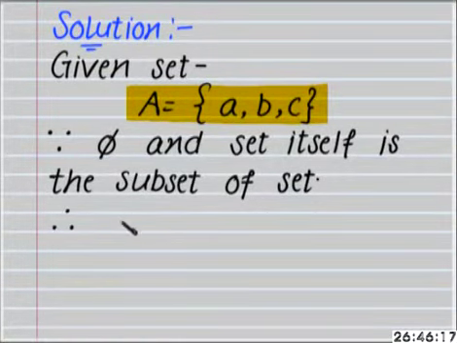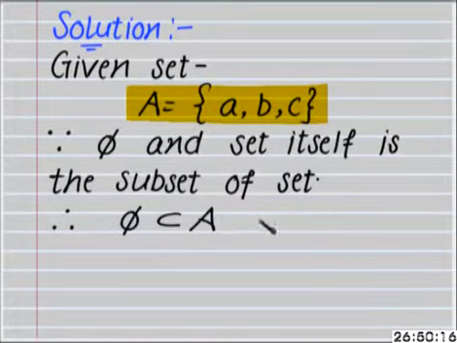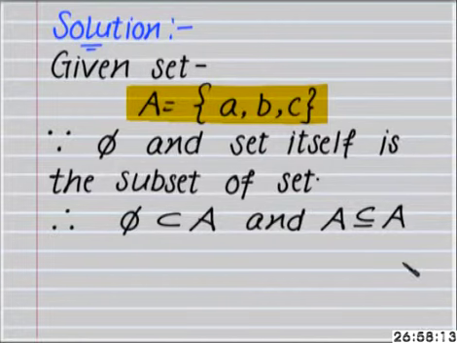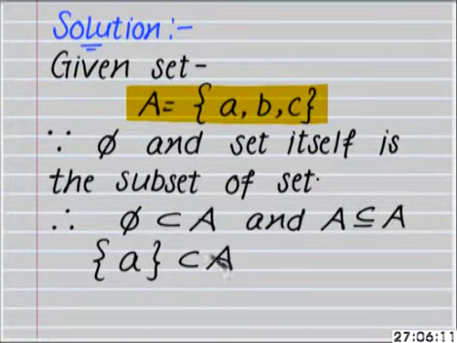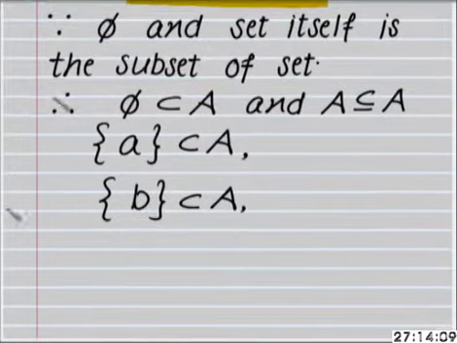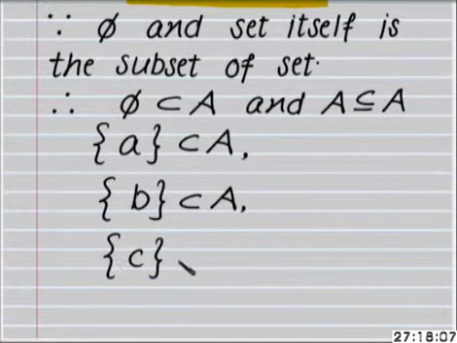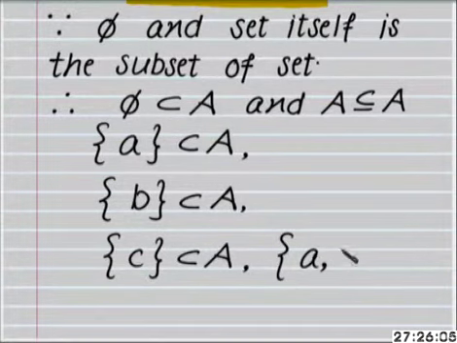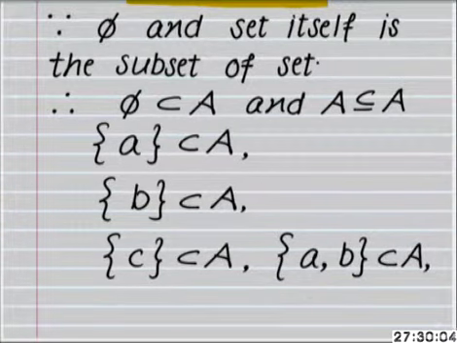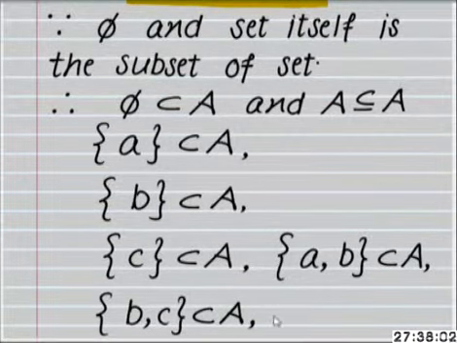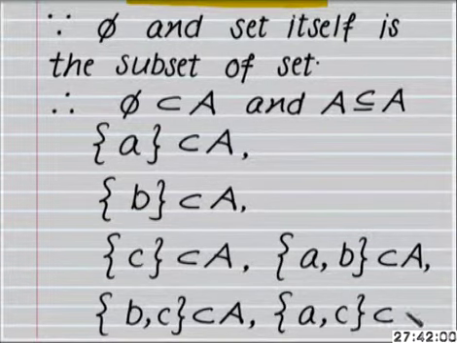Therefore, for the given set A, phi is a subset of set A, and also set A itself is the subset of set A. Now, for the rest of the subsets, set containing singleton element a is a subset of set A. Set containing singleton element b is a subset of set A. Set containing singleton element c is also subset of set A, and set containing elements a and b is a subset of set A. Set containing elements b and c is a subset of set A, and set containing elements a and c is a subset of set A.